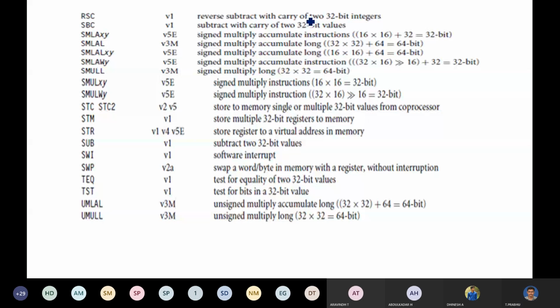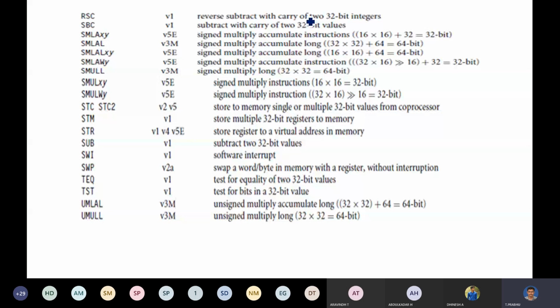So SBC is meant for subtract with carry of 32 values, and SMLAL, so it is accumulate long.